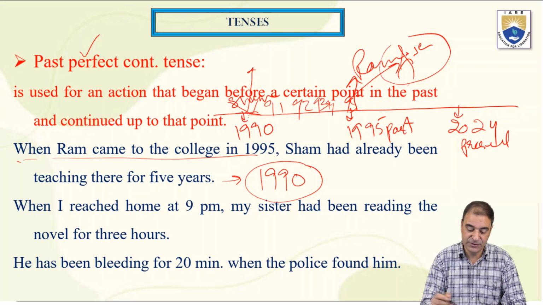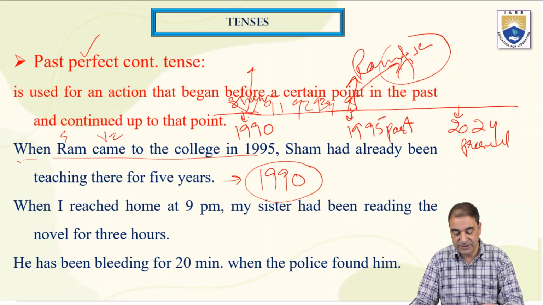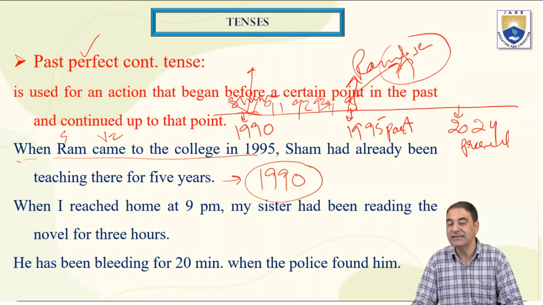Ram is the subject, third person singular, and came is its verb in second form. When Ram came to college in 1995, Sham had already been teaching there for 5 years. It means you have to subtract 5 years from 1995 and you will get the date when Sham had joined the college. That means 1990.